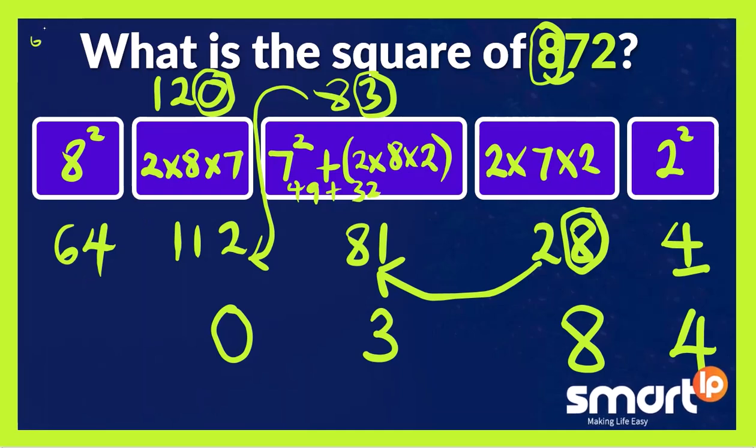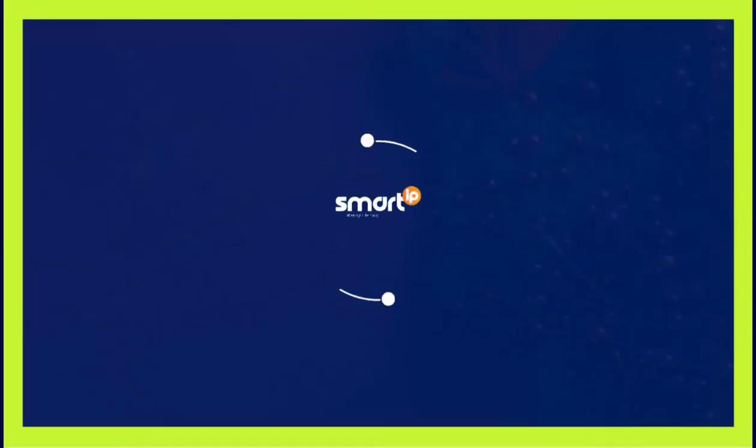So we have 64 plus 12, which will give us 76. So since that is the last thing we're doing there, we're going to write the 76. Okay, so it means our final answer for the square of 872 is 760384. Good job.